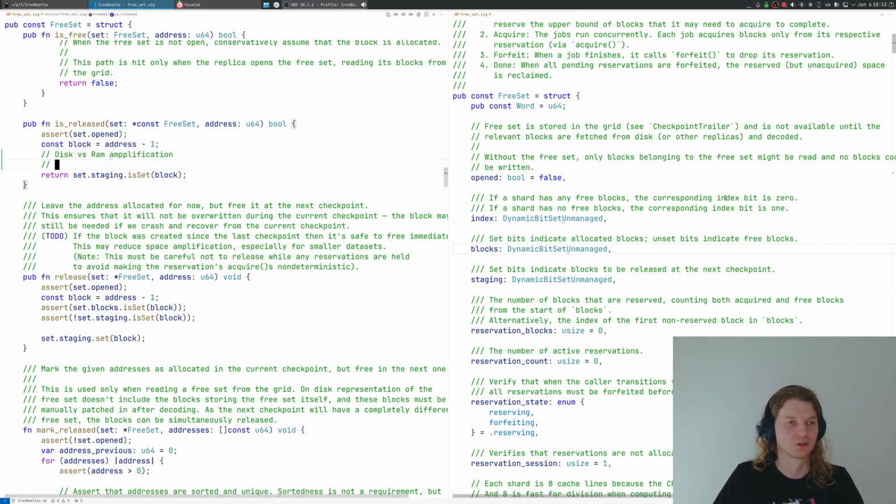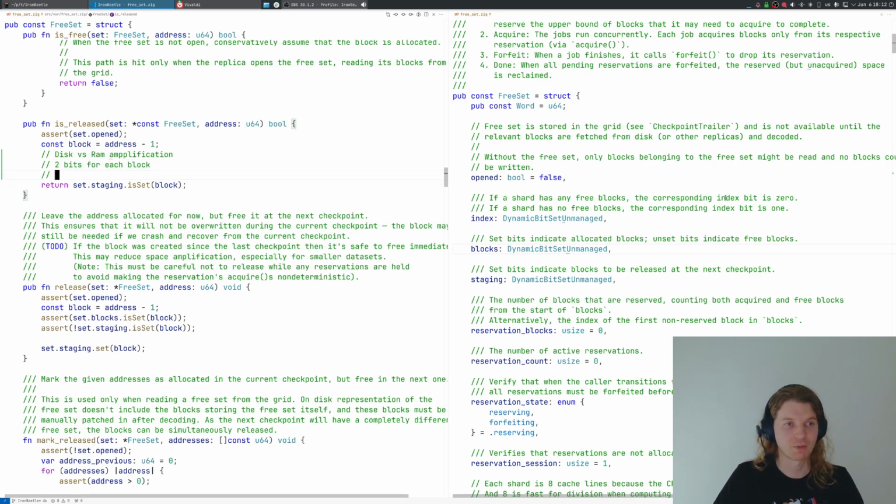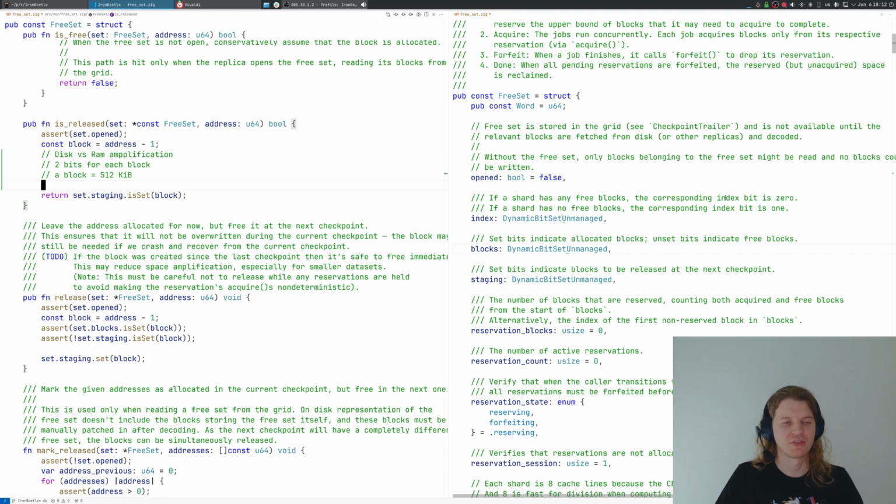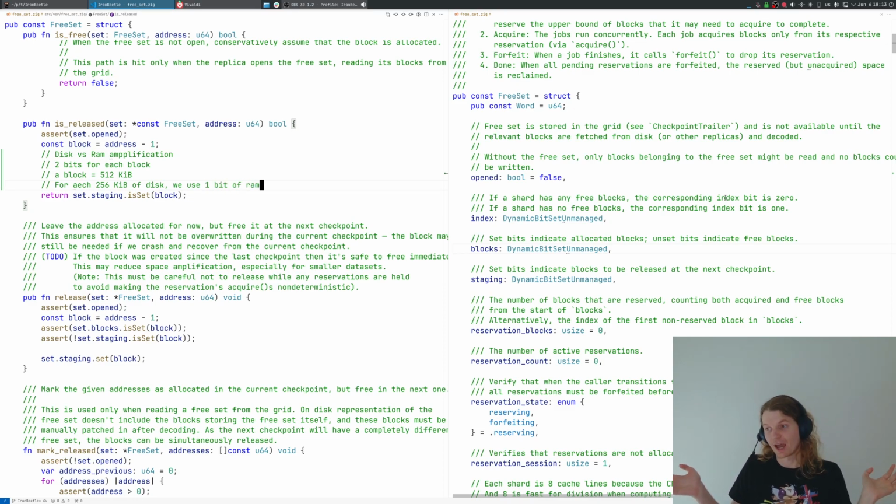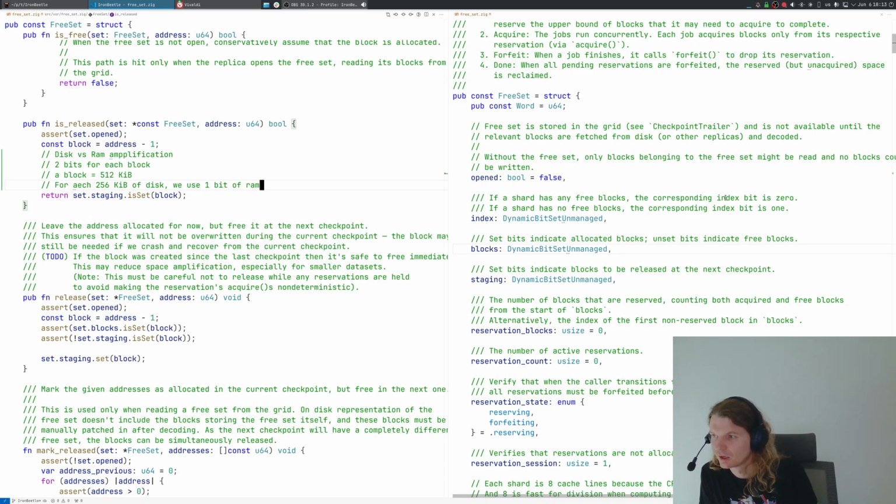So we have 2 bits for each block. And as a reminder, a block is half a megabyte. So that's our amplification: for each 256 kilobytes of disk, we use 1 bit of RAM, which is again a pretty decent amplification factor.